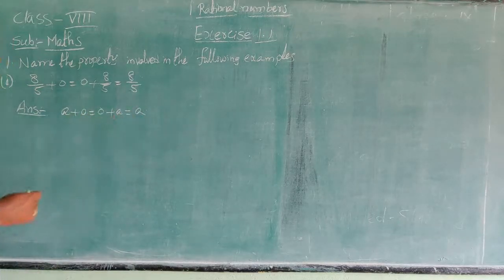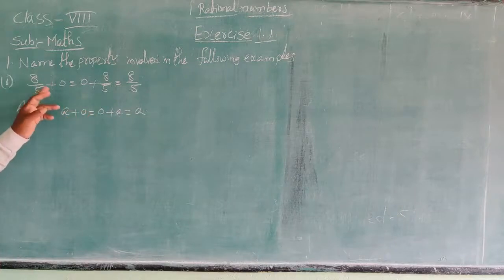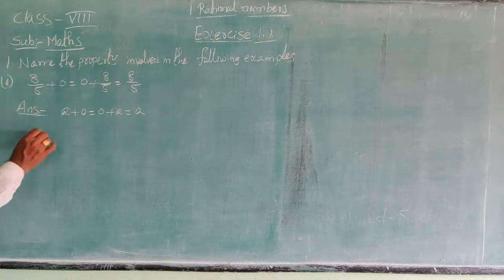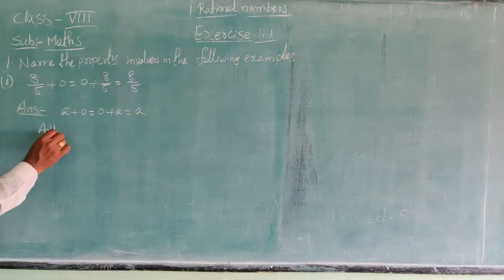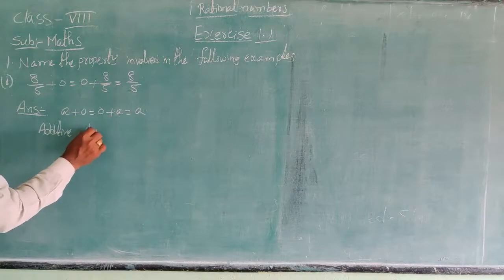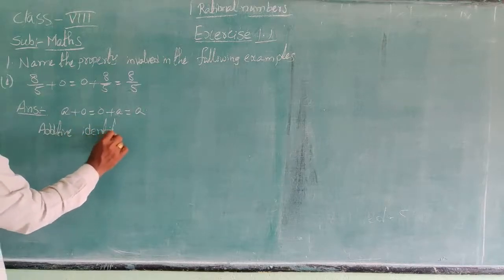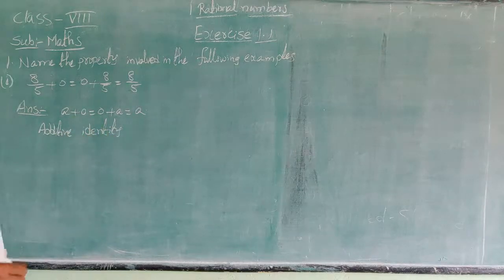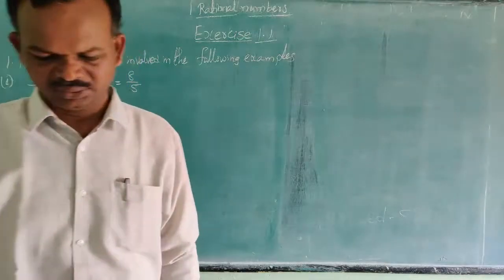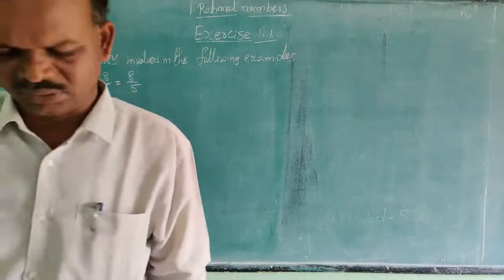This property is called additive identity. Here 0 is the additive identity.